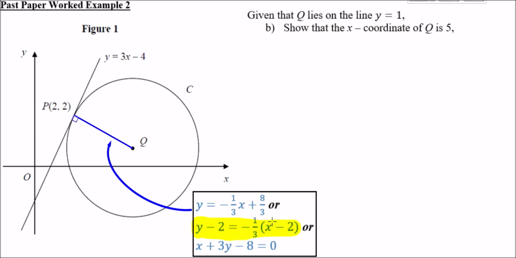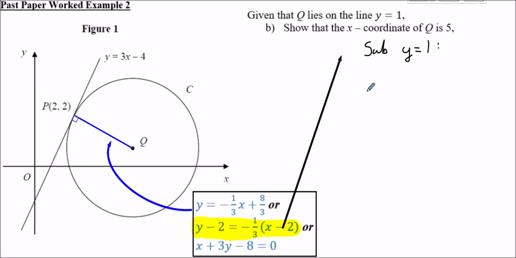And so if we take this, what we need to do is just sub in when y equals 1, because we're told that it's on the line y equals 1. So if we sub into this equation that y equals 1, we can see what comes out in terms of x.